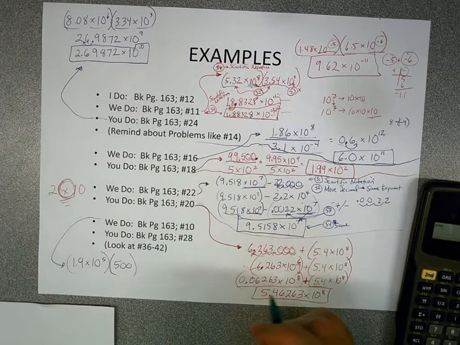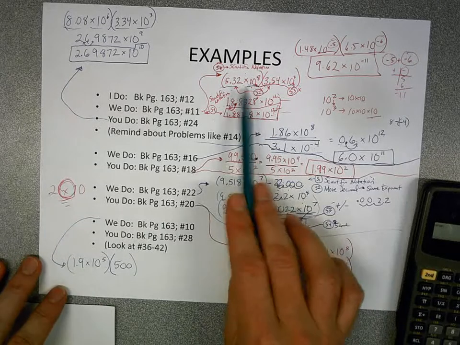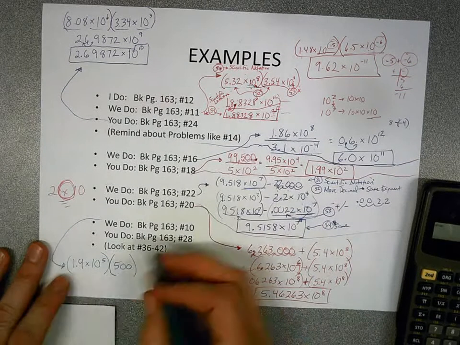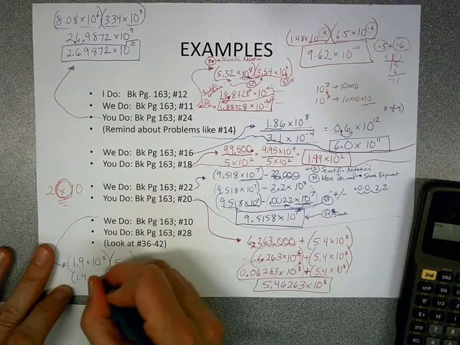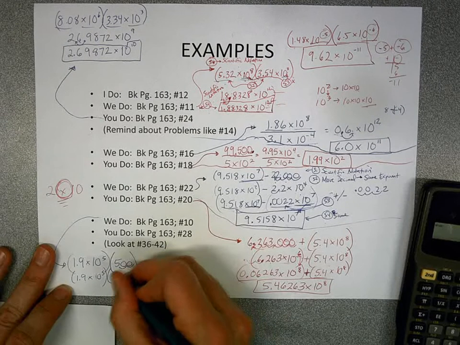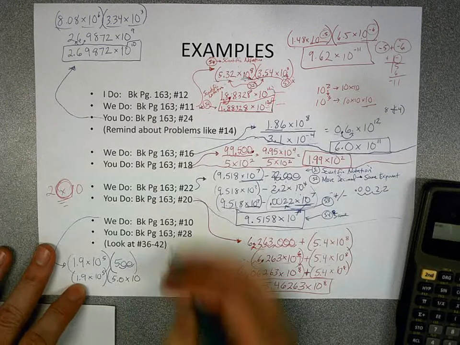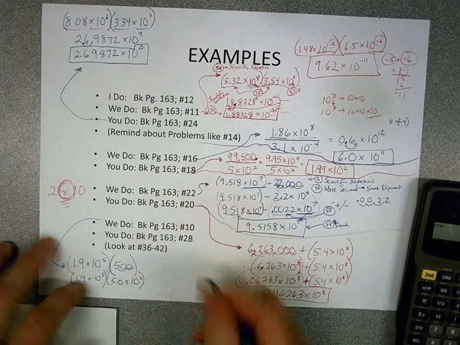So here we go. I'm now doing my multiplication part. I need to make sure this is in scientific notation. This goes over 1, 2. So it's 5.0 times 10. We just made it smaller, so this is a positive exponent, times 10 to the 2nd power.